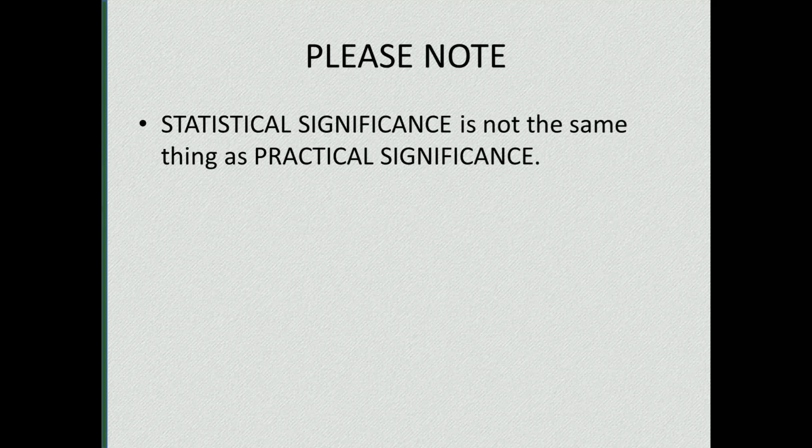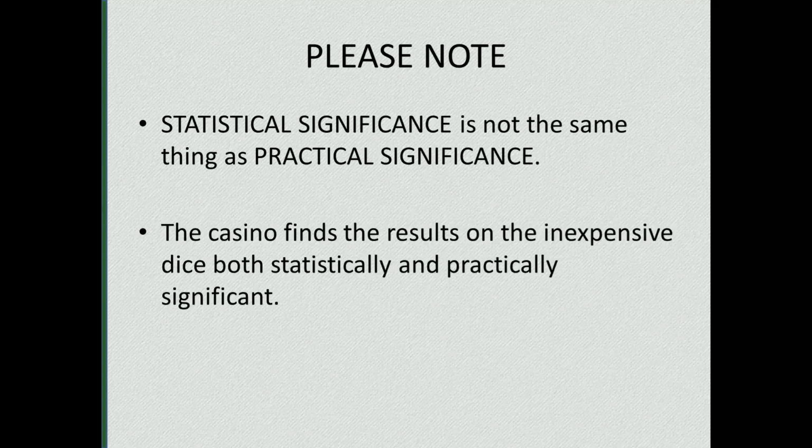However, there is one group who would find Willard Longcore's results to be both statistically and practically significant. That result is casino owners. Those inexpensive dice, somewhere around 50.7% evens. The profit margin at craps is only about 1.5%.